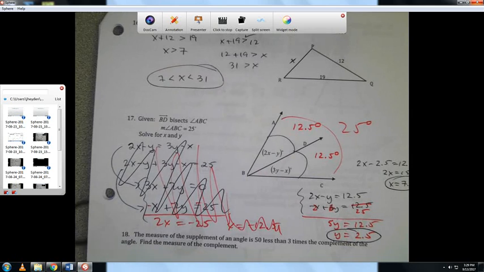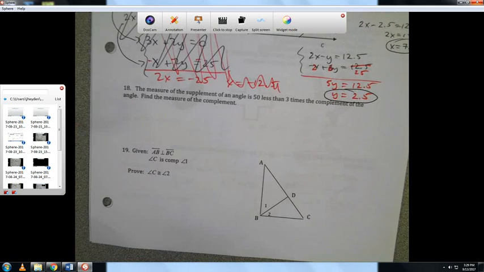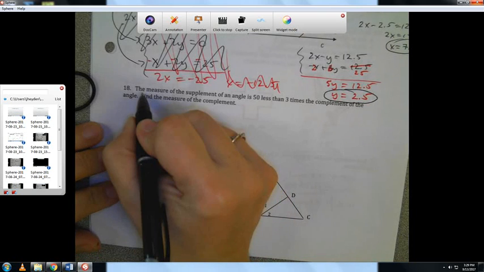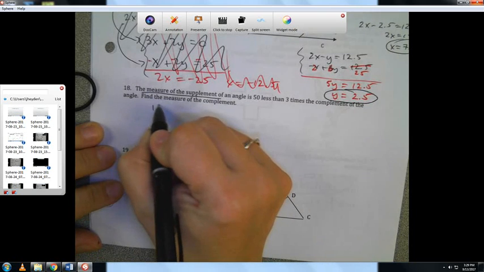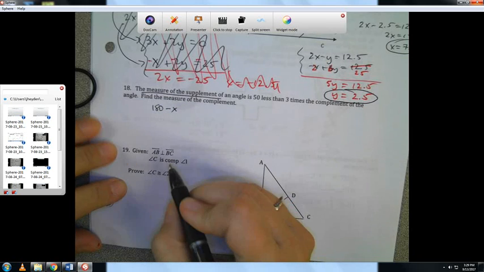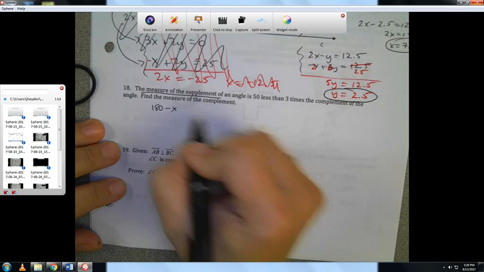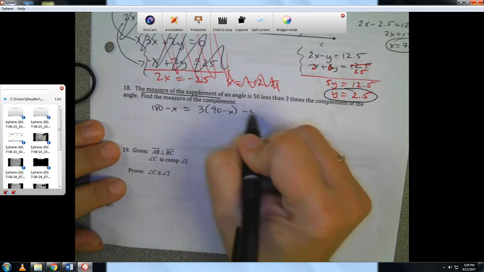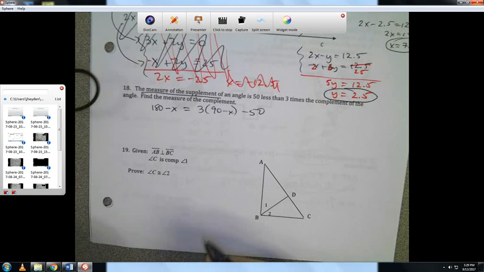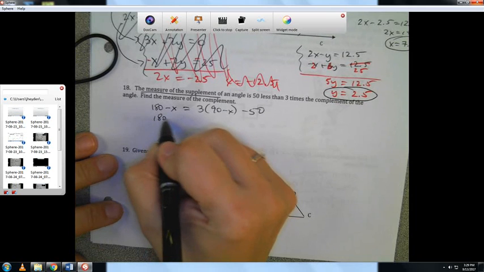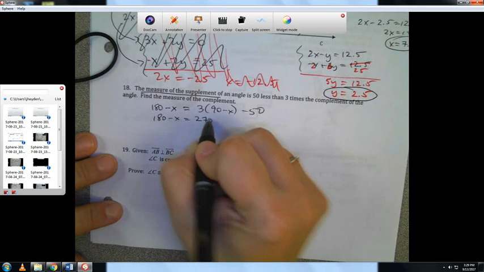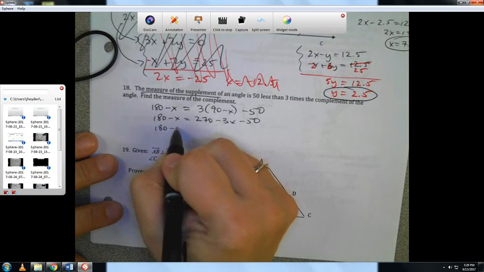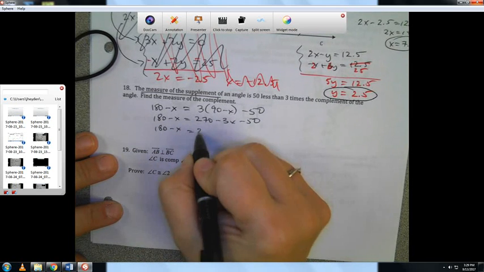The measure of the supplement is 50 less than 3 times the complement. The measure of the supplement is 180 minus x. Is 50 less than 3 times the complement. So that means I'm going to take 3 times the complement and subtract off 50. Then I'm going to solve. 180 minus x equals 270 minus 3x minus 50. 180 minus x equals 220 minus 3x.